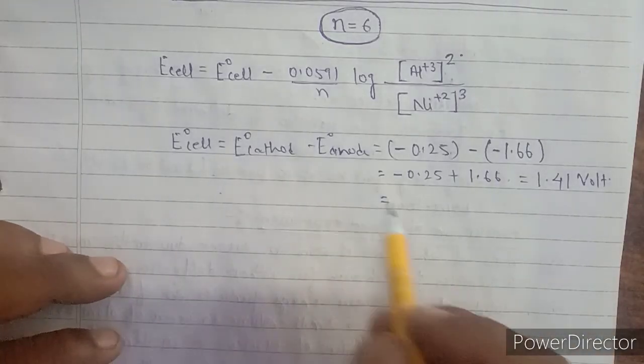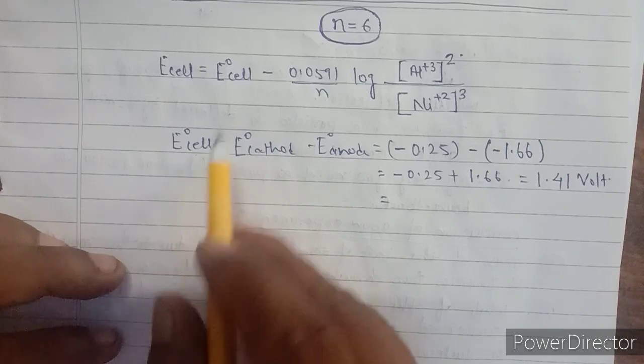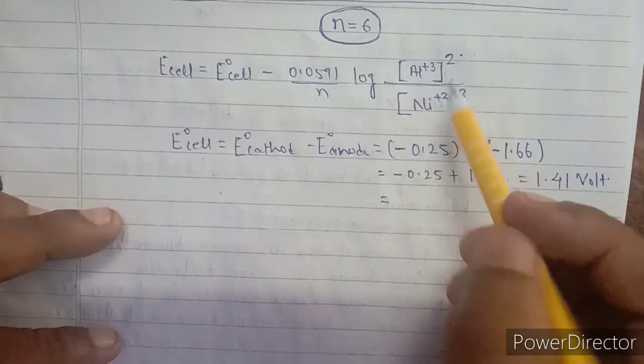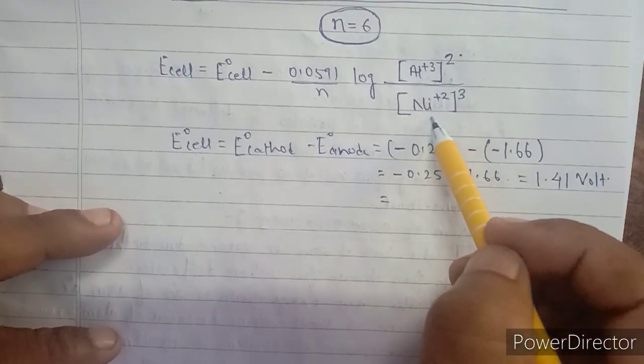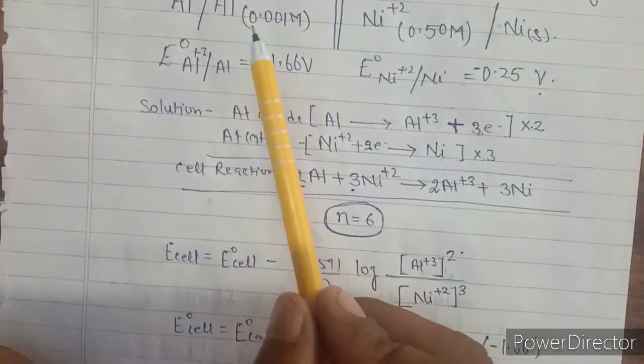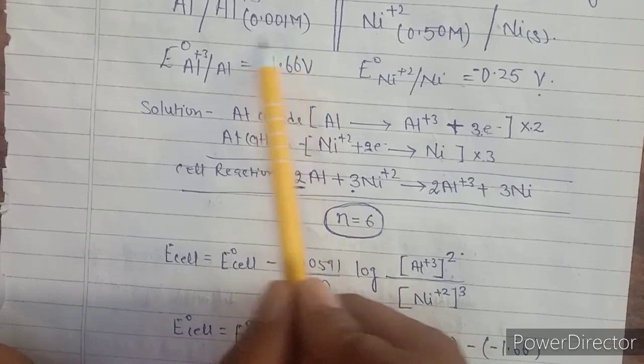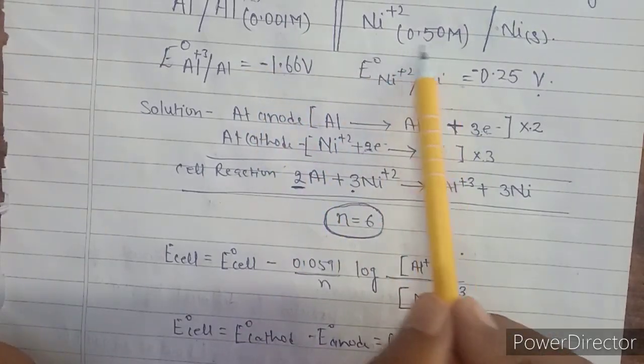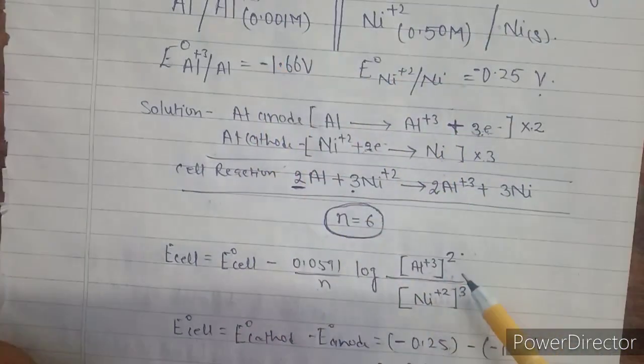Now put the value of the E cell standard in this equation, along with the concentrations of the aluminum ion and nickel ion which are present here. This is the concentration of the aluminum ion, this is the concentration of the nickel ion. Put these values in the equation.